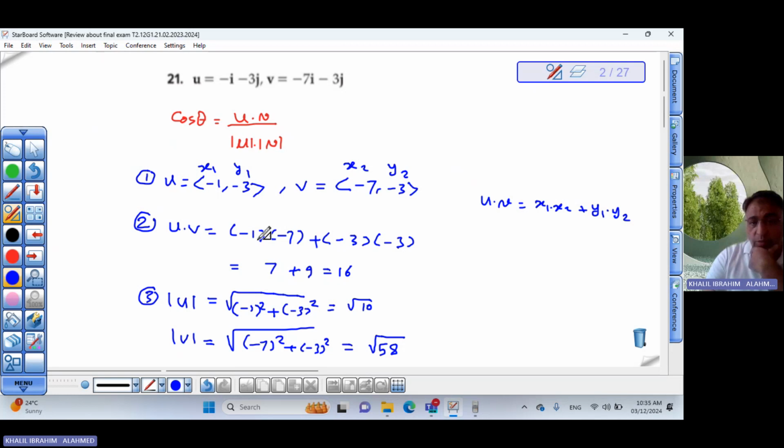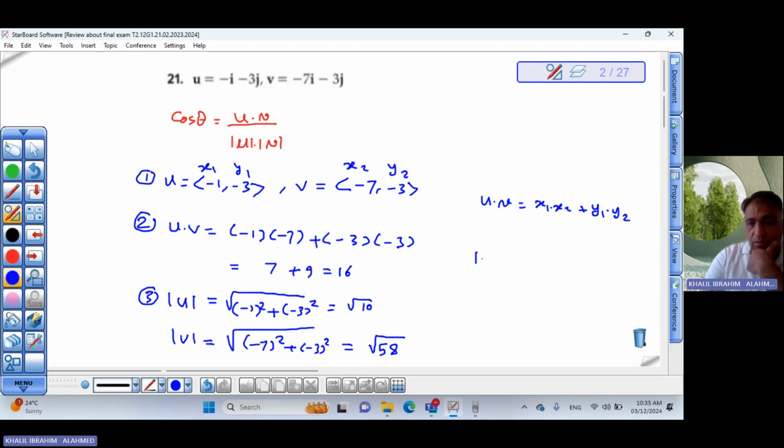x1 times x2: -1 times -7, plus y1 times y2: -3 times -3 also. Negative times negative is positive, so 7, plus 9 equals 16.